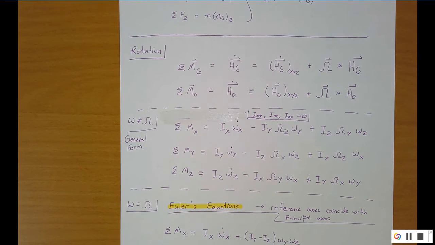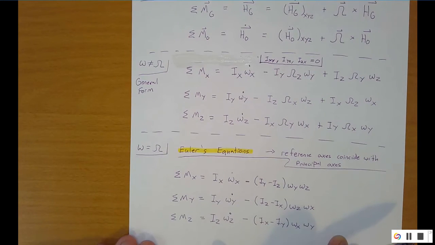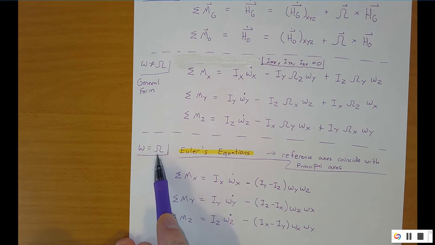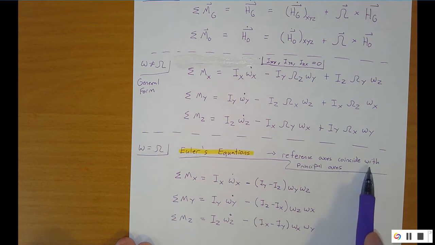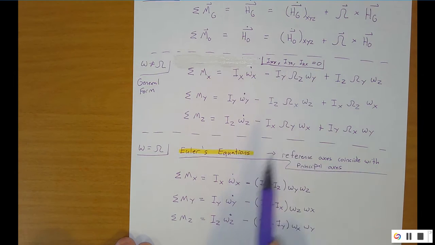We can simplify it further if we constrain it such that lowercase omega is equal to capital omega. If we do that, and we still make sure our reference axis coincides with our principal axes, which causes these to zero out, then we get what are called Euler's equations. And so these are the simplest form that we get in 3 dimensions for rotation.